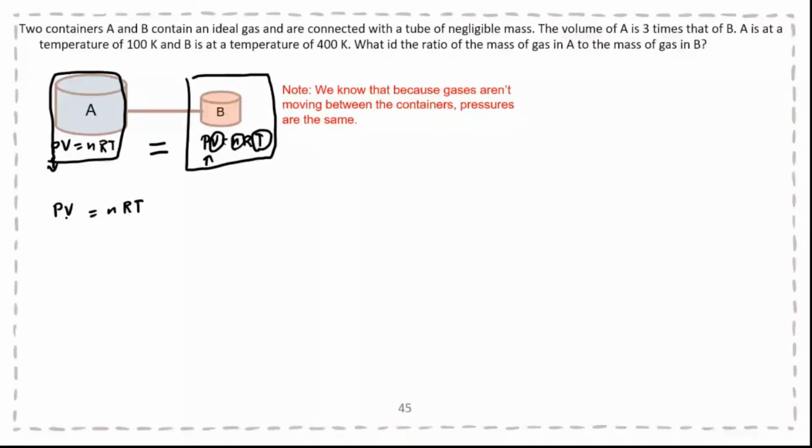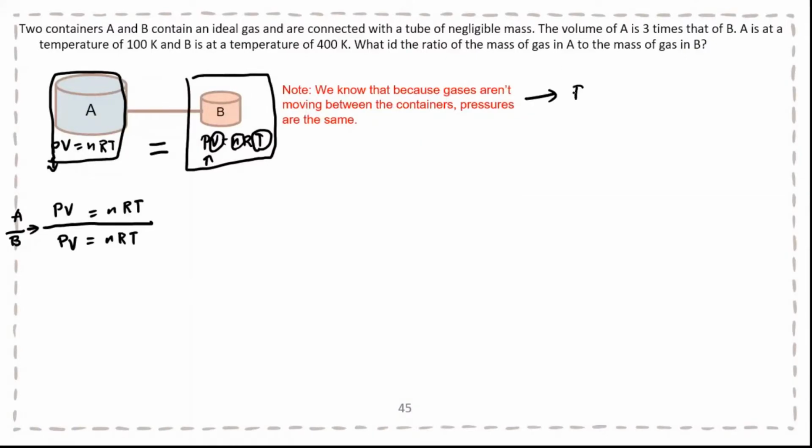Okay? So, if we divide that by PV and RT of B, say A over B, we look for the given constant.